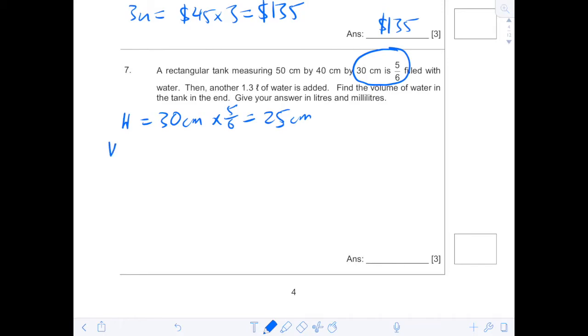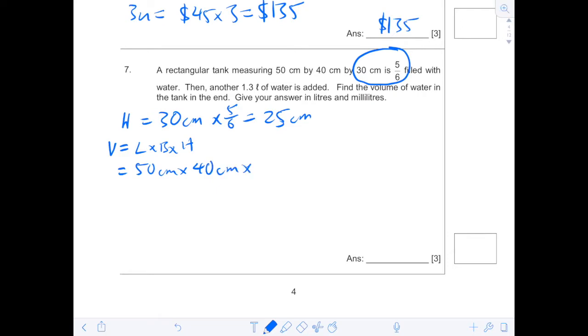Now I'm going to find the volume of the water inside. Volume V would be length times breadth times height. Length is 50 cm, times the breadth, which is 40 cm, times the new height, which is 25 cm. Here you're going to get 50,000 cubic cm.